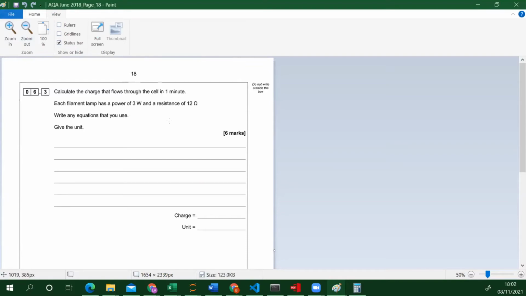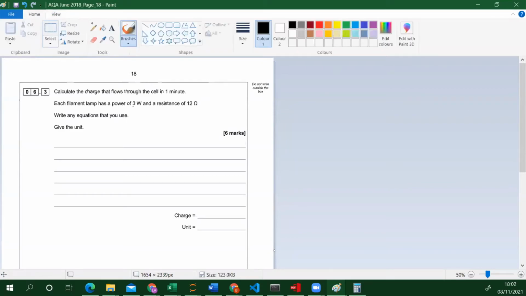Each filament lamp has a power of 3 watts and a resistance of 12 ohms. Let's underline those in a different colour, orange. 6 marks, calculations can be long. Write any equations that you use and give the unit. So calculate the charge.